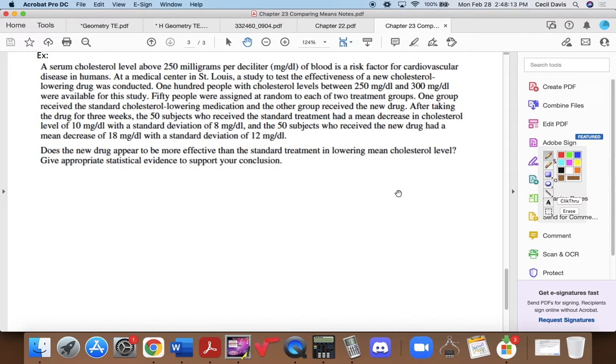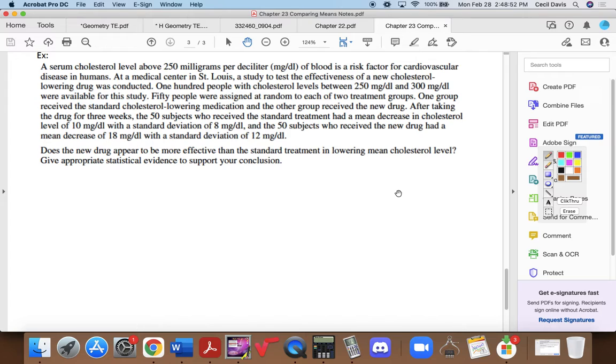So, a serum cholesterol level above 250 milligrams per deciliter of blood is a risk factor for cardiovascular disease in humans. At a medical center in St. Louis, a study to test the effectiveness of a new cholesterol-lowering drug was conducted. 100 people with cholesterol levels between 250 and 300 milligrams per deciliter were available for this study. 50 people were assigned at random to each of two treatment groups. One group received the standard cholesterol-lowering medication, and the other group received the new drug.